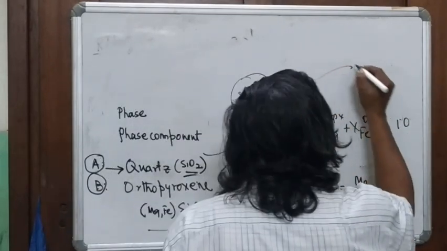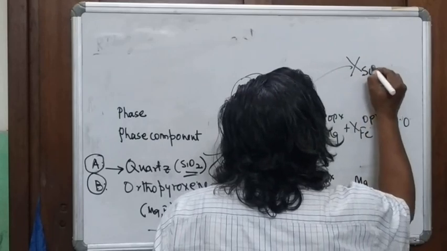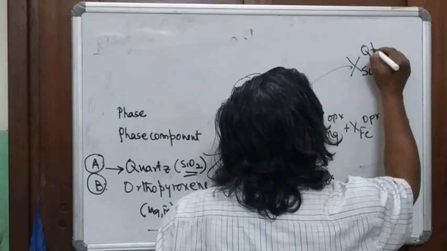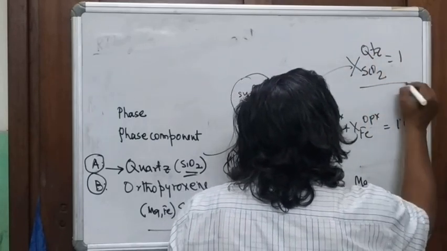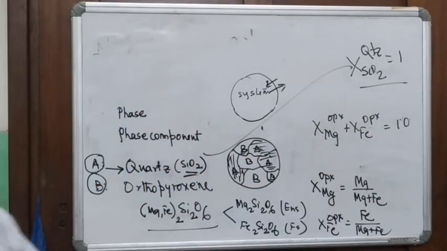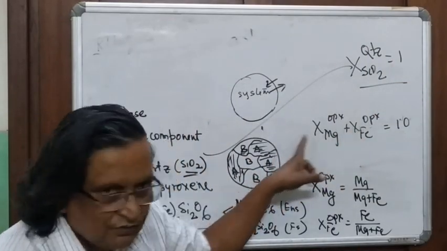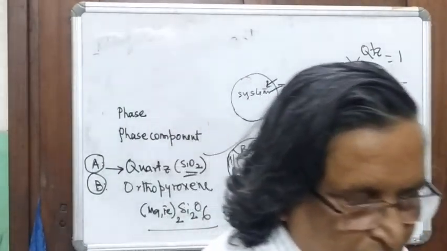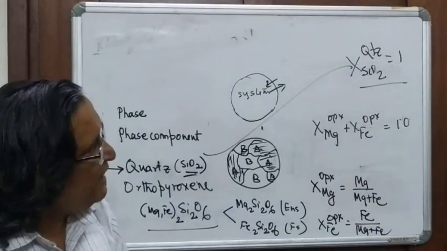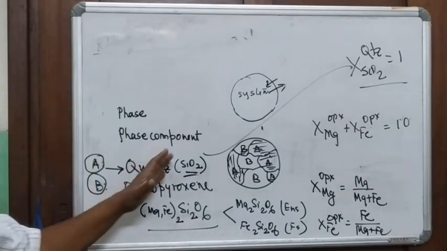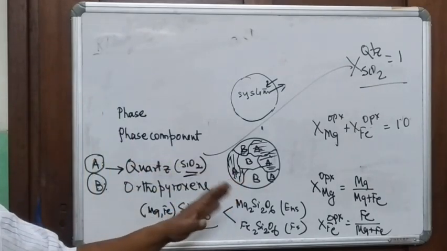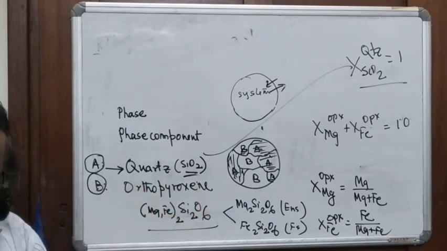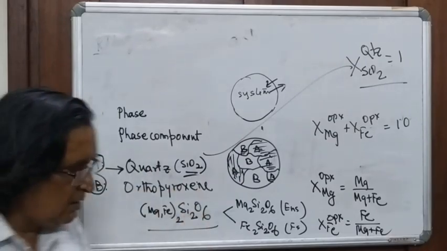For quartz, XSiO2 in quartz is equal to 1 always. So here there can be a variation. Here, no variation. Okay? So we have talked a little bit now about phase and phase components. I think in the next class we will elaborate on this. Right? Thank you.